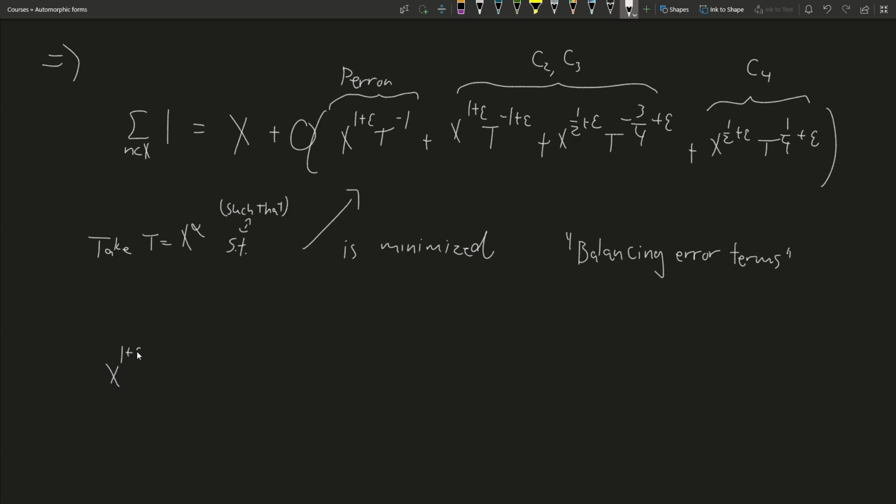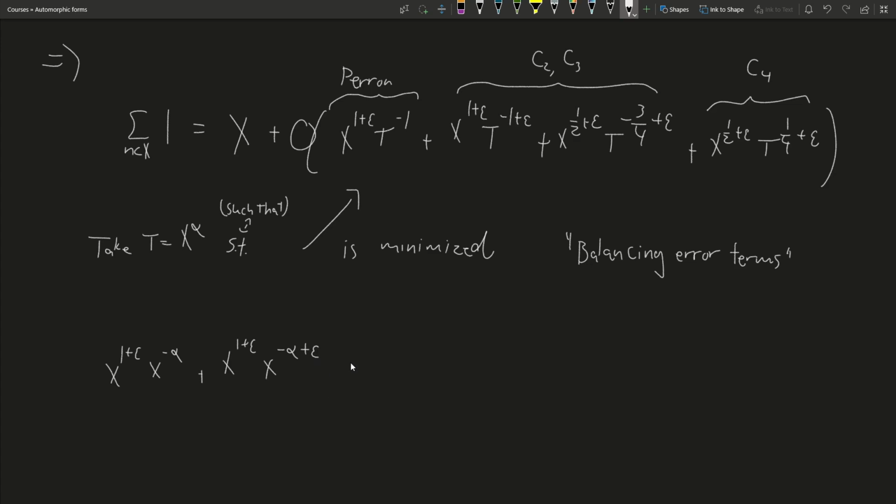x to the 1 plus epsilon, t to the x to the minus alpha. This second term here is going to be x to the 1 plus epsilon times x to the minus alpha plus epsilon. Here, you might want to write x to the epsilon alpha, but epsilons change value from line to line.